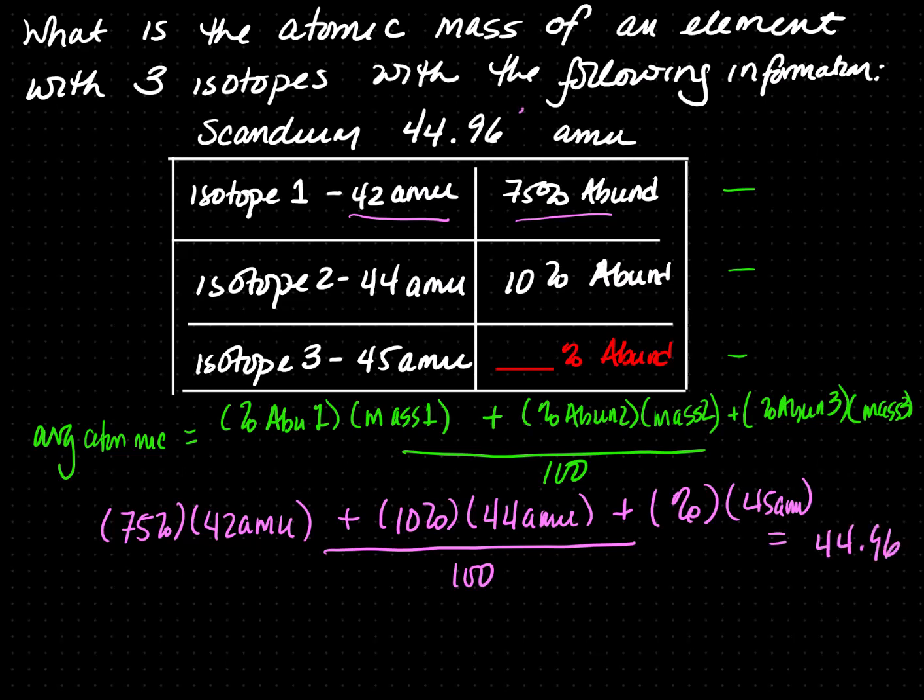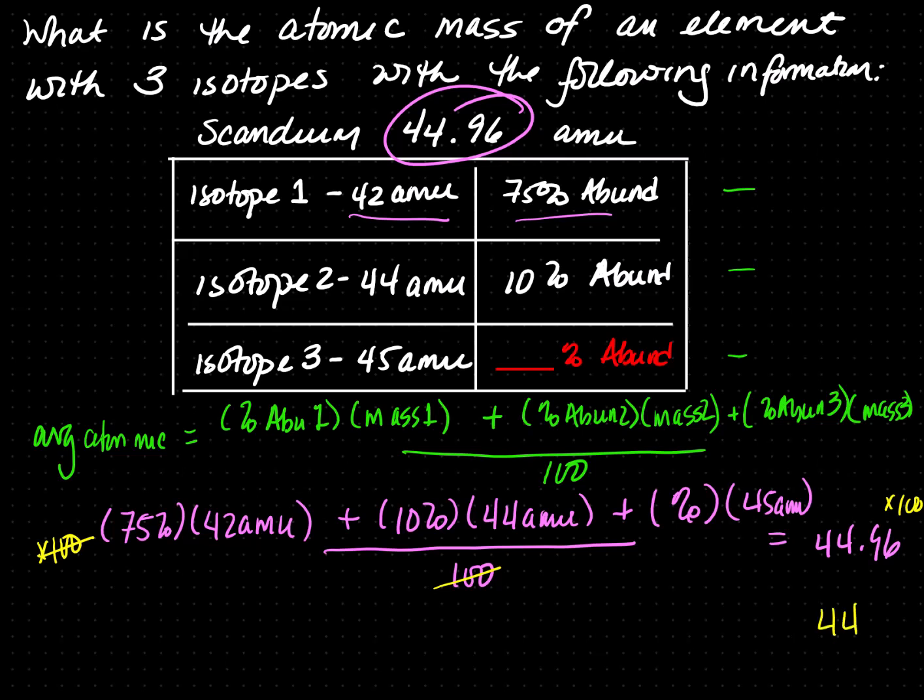So I would simplify by moving the 100 to the opposite side by multiplying both sides by 100. If you multiply both sides by 100, that cancels out the 100 on top. And then 100 times 44.96 is 4,496.